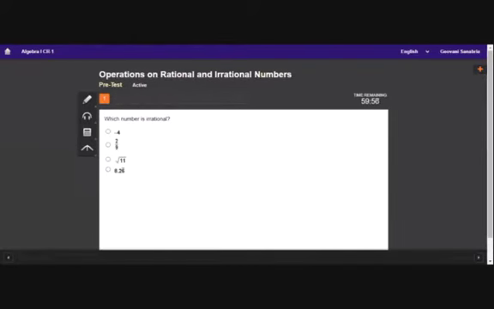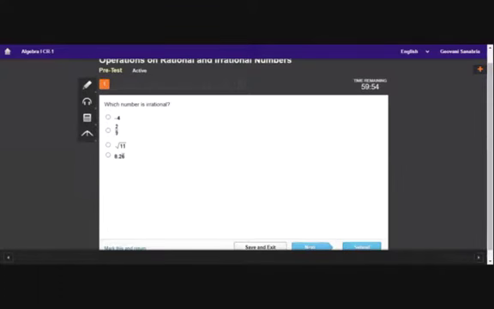So what's an irrational number then? There's two ways that you can think about it. A rational number means it's like a whole number, because you can write that as a fraction just by putting a 1 on the bottom. It doesn't change the value of the number.